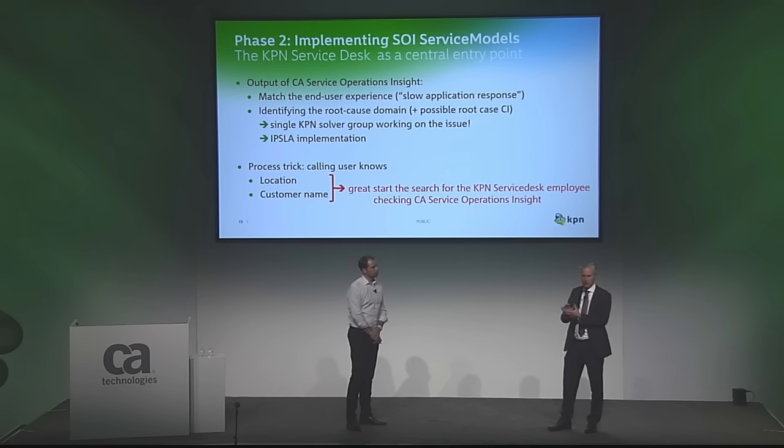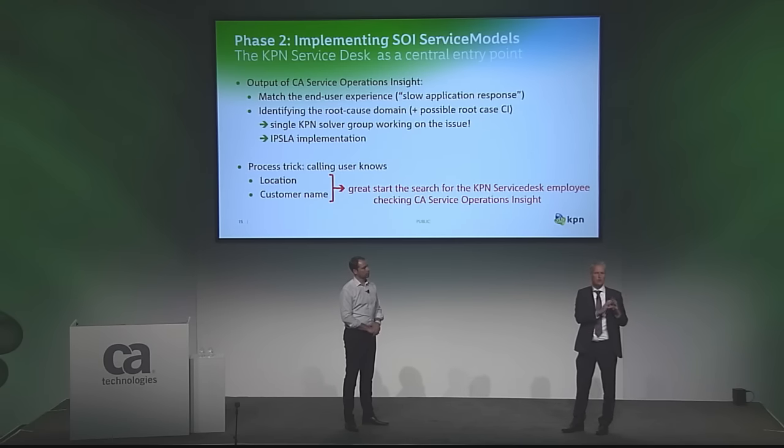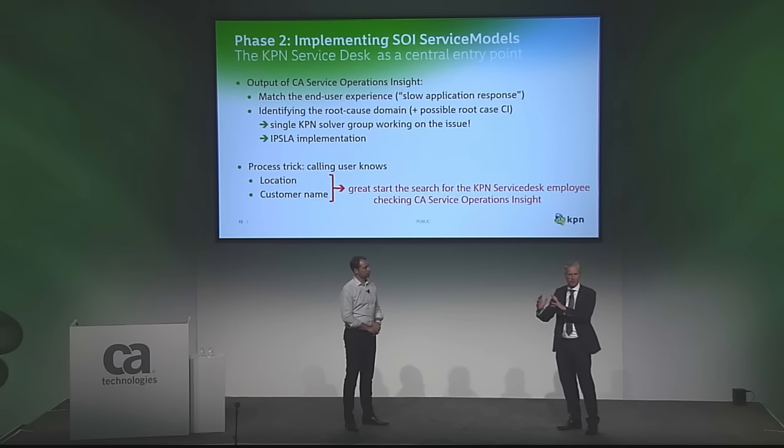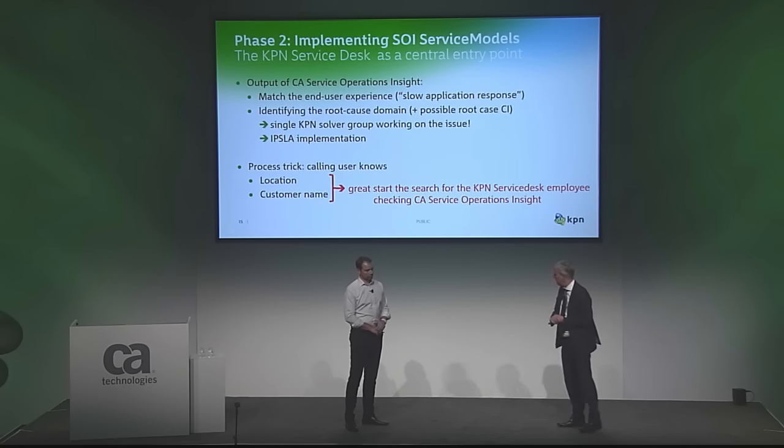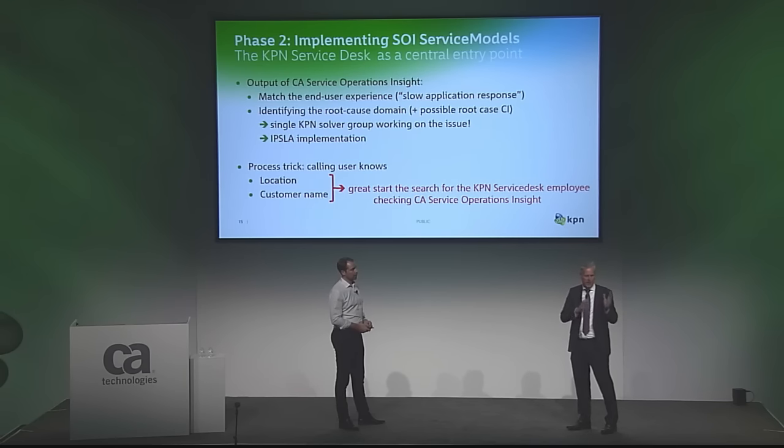We take the end user perspective measurements, we treat them separately within the service model versus what we have regarding the infrastructure itself. So location and customer name, that's very easy to use at a service desk. And then we have to split what is a quality and what is a risk. And the quality should really match something related to the customer. So IP SLA was a start.